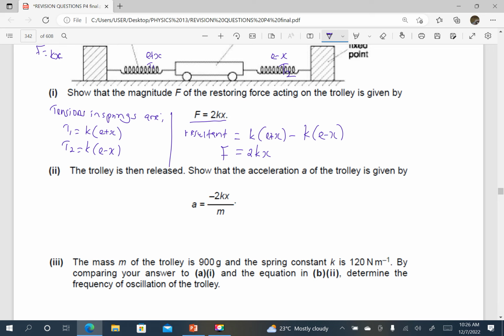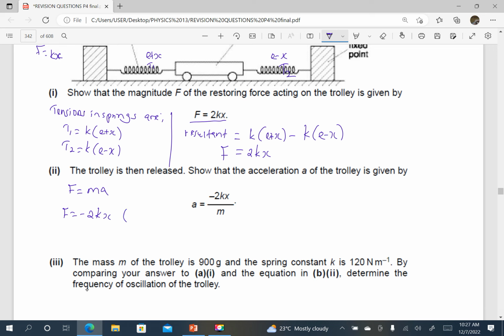Show that the acceleration of the trolley is given by a is negative kx over m. So by Newton's law, force is equal to mass times acceleration. The force is going to be negative 2kx.